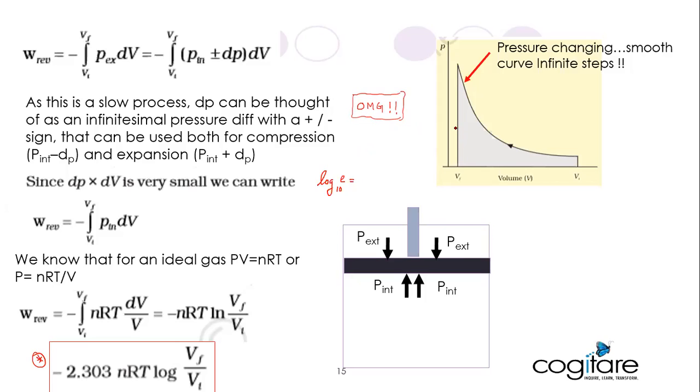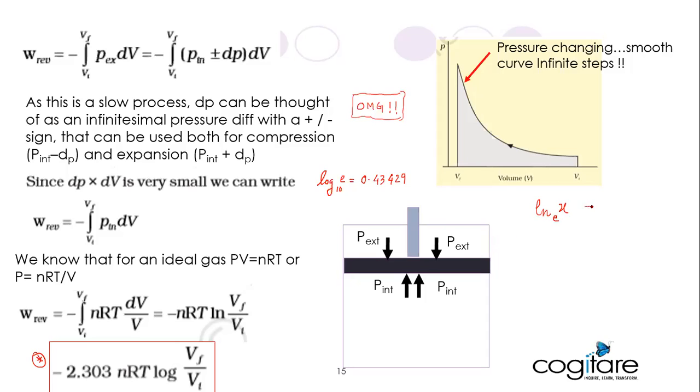So log e is 0.434, 0.43429. Now tell me, supposing you have the natural logarithm of x, which means log to the base e.